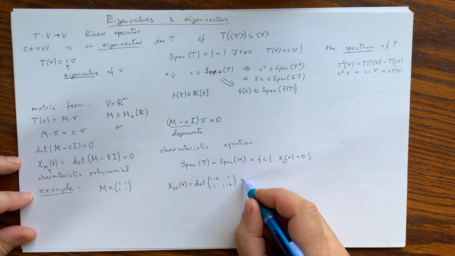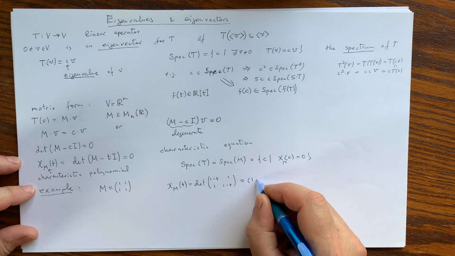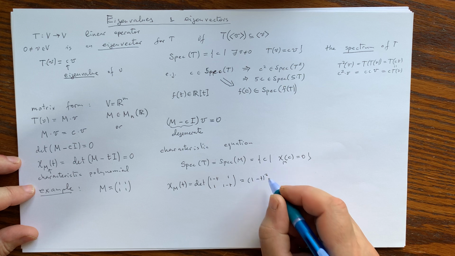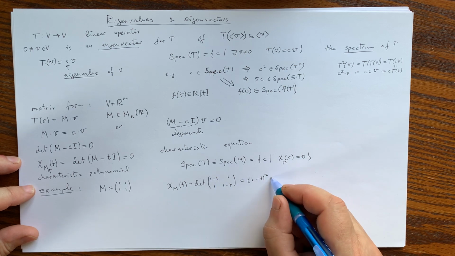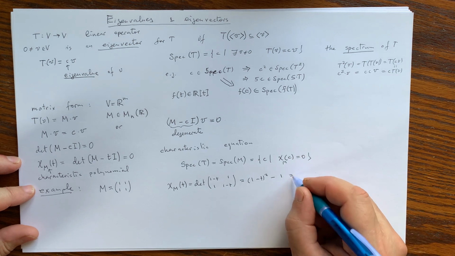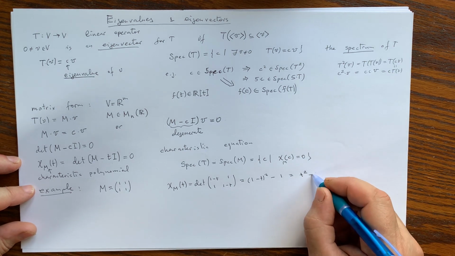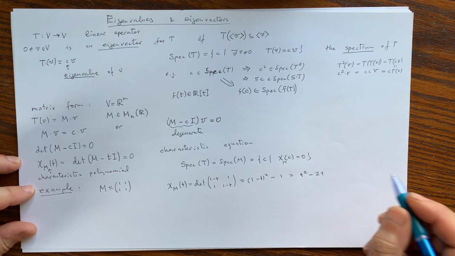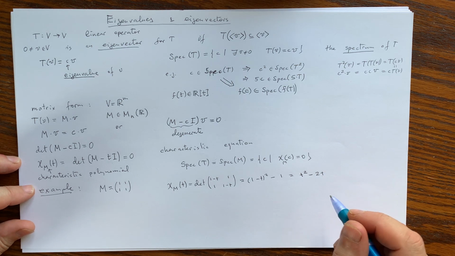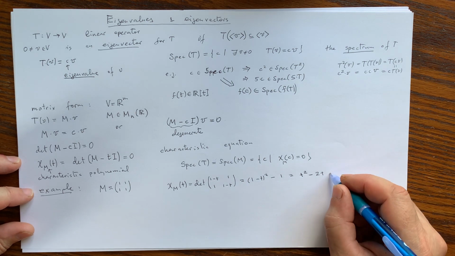And then computing the determinant for 2 by 2 cases, just using the formula. We have (1 minus t) squared, the product of diagonal terms, minus the product of off-diagonal terms, and then writing it as a polynomial, we have t squared, we have negative 2t, and then we have nothing, so the constant term cancels out. 1 squared minus 1 will give us 0.